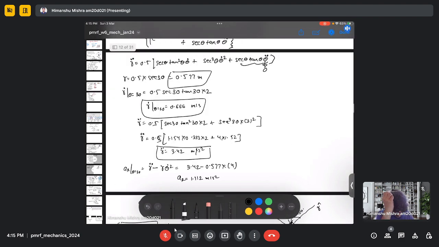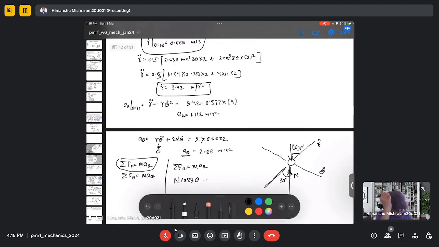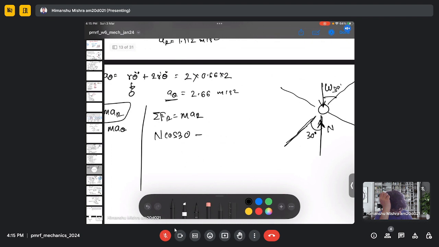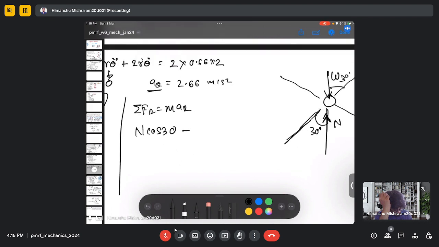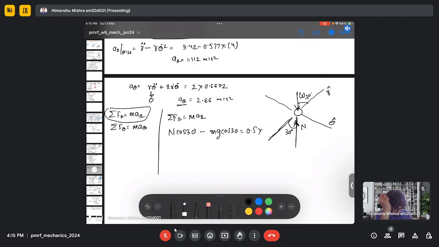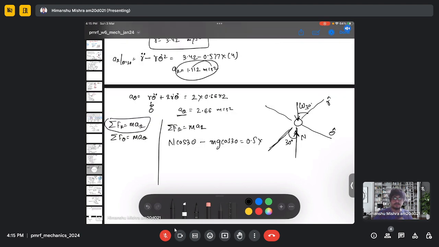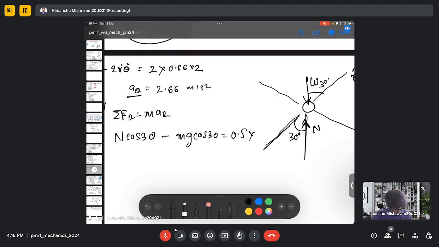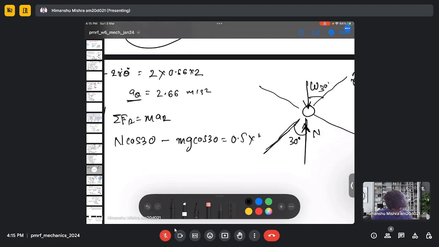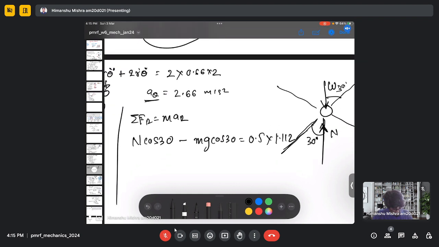The mass is given as 0.5 kg. Equals M AR. My M is 0.5 and my AR is 1.112. And my mg is 0.5 multiplied by 9.81.